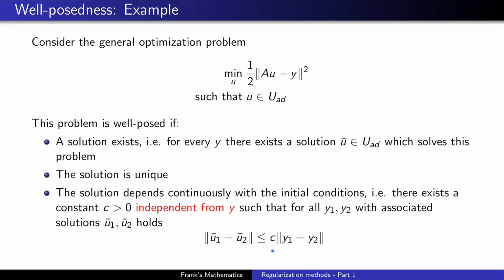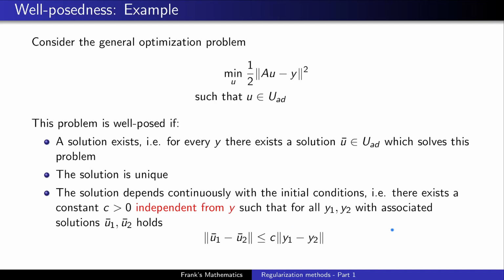It's just limited by our constant C, which is independent. This mainly just depends on the optimization problem itself and the difference between our states. So this is the perturbation. This is the interpretation of the solution depending continuously on the initial condition.